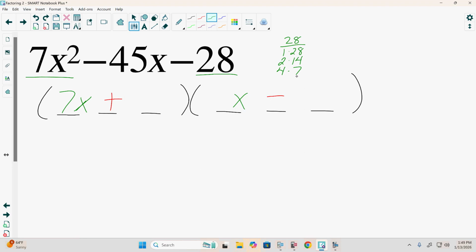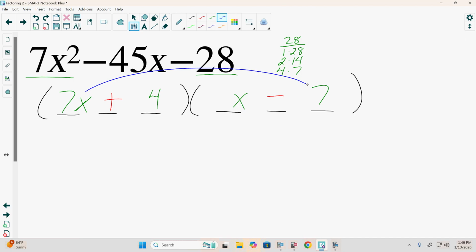Because 28 is not divisible by 3, because 2 plus 8 is 10, and 10 does not divide by 3. 5 is not a factor of 28, because 28 does not end in 0 or 5. 6 would not be a factor of 28, because 2 and 3 aren't. 7 is a factor. We already have it listed. Which one of these do we want to try first? 4 and 7. Which one do we want to put with the 7x? 4, 7.